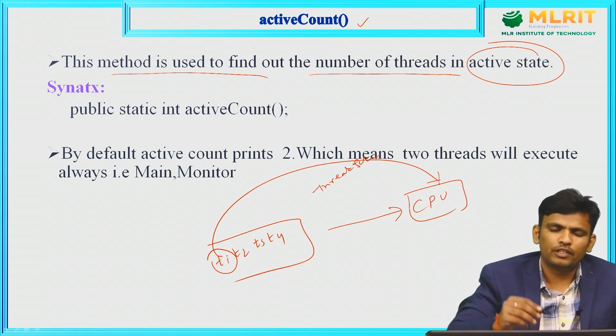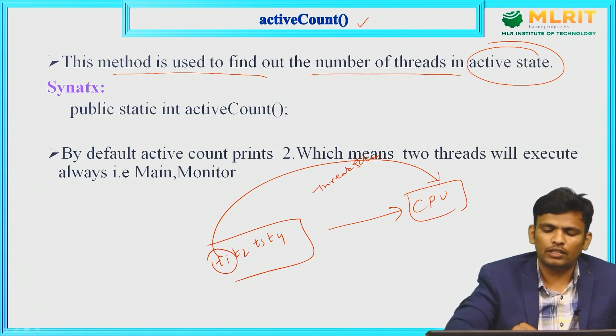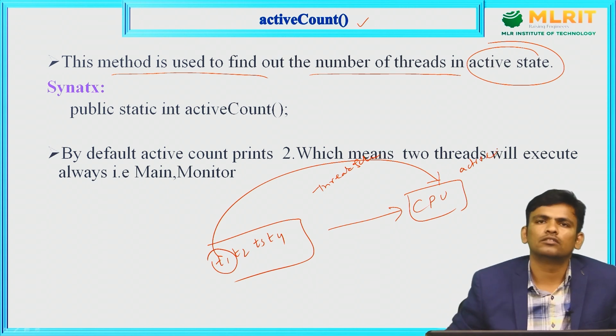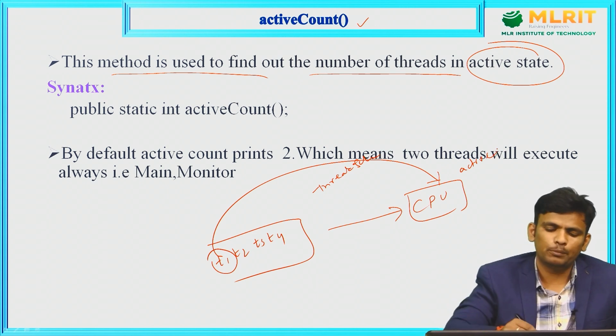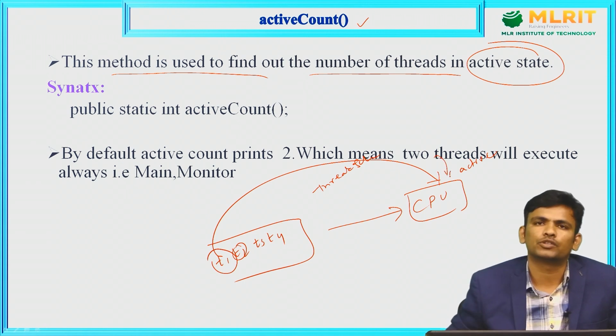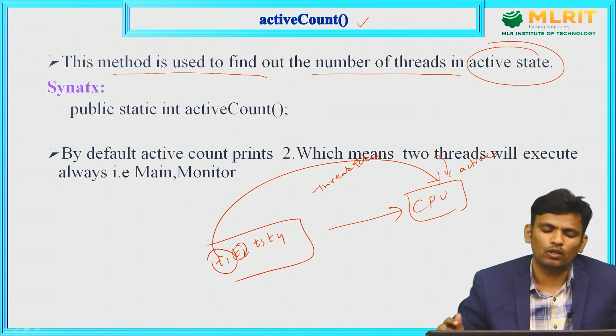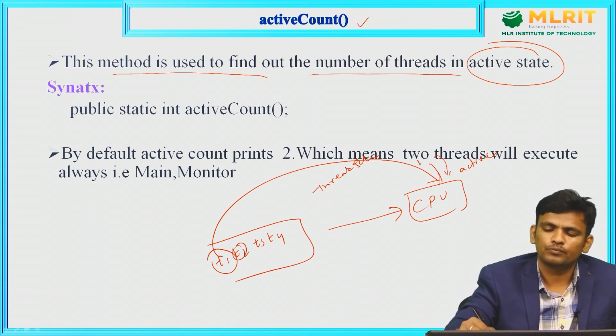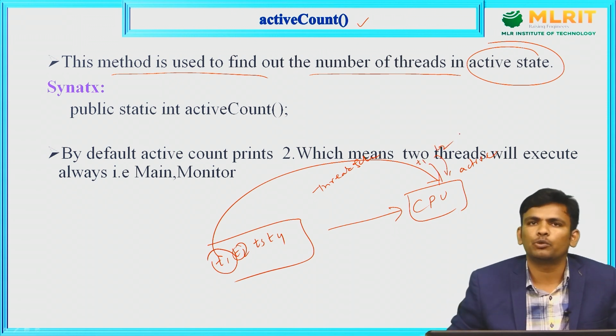Now suppose T1 got a chance to execute, now T1 will enter into the active state. And suppose T2 also got a chance, now T2 also will enter into the active state, means the CPU now switches between T1 and T2. Now T1 is active and T2 is active.